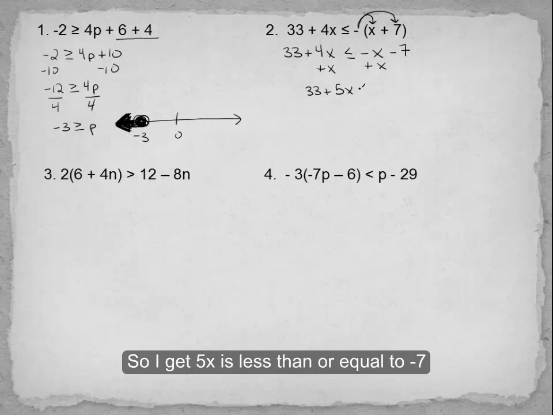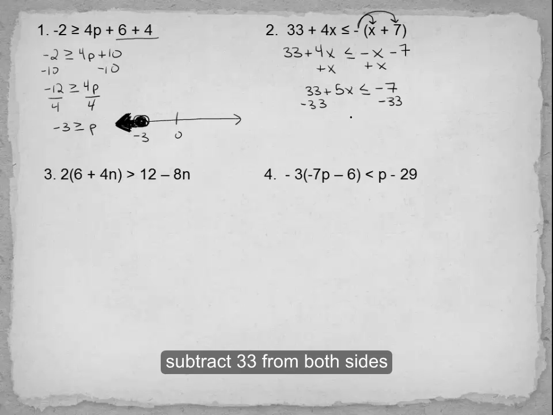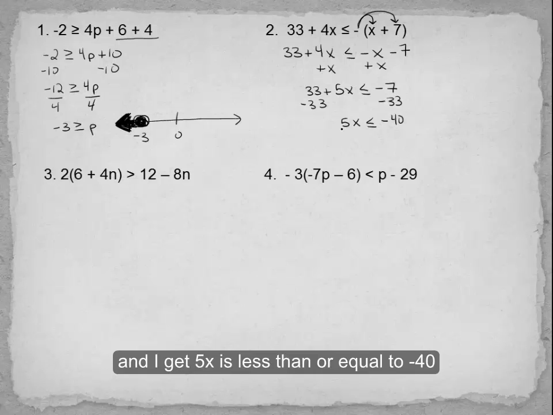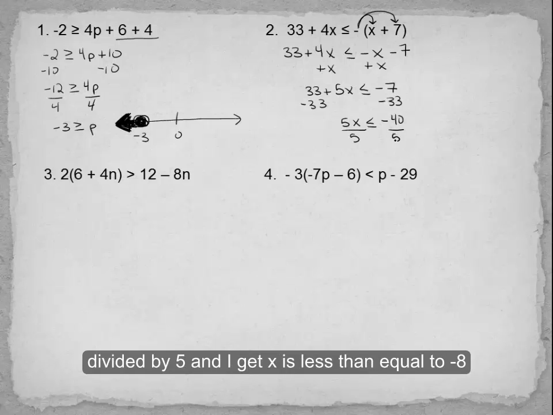So I get 5x is less than or equal to -7. Subtract 33 from both sides, and I get 5x is less than or equal to -40. Divide by 5, and I get x is less than or equal to -8.